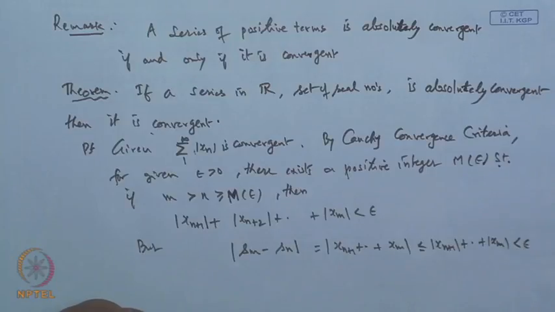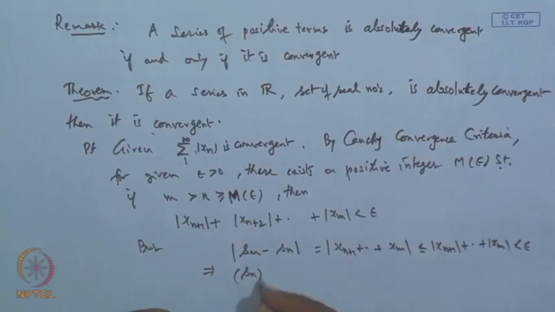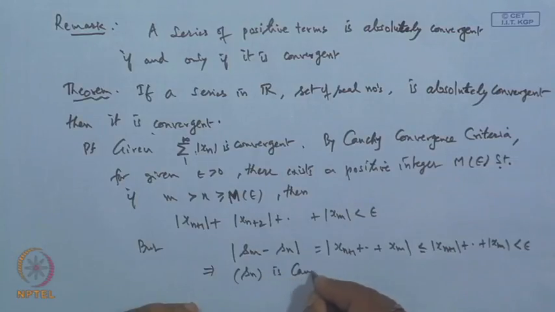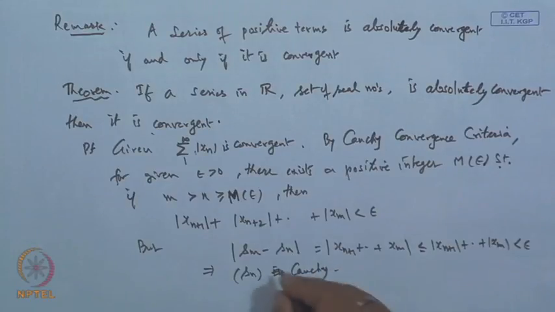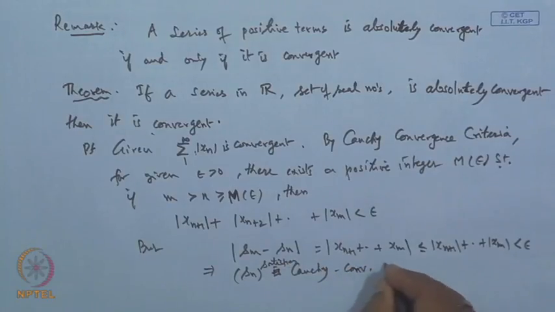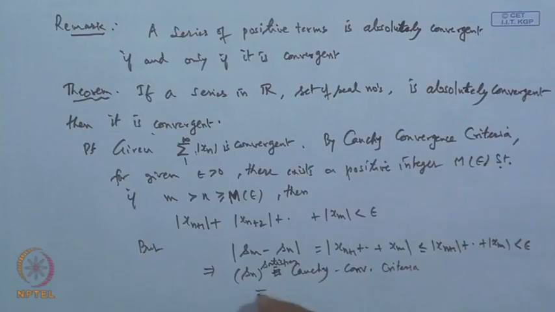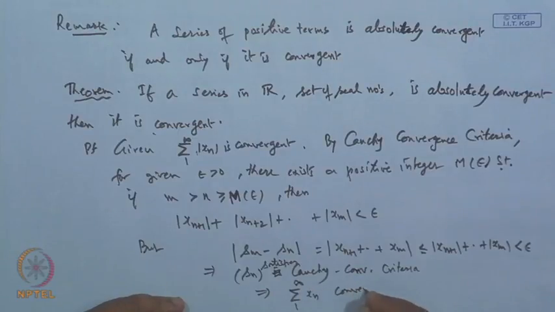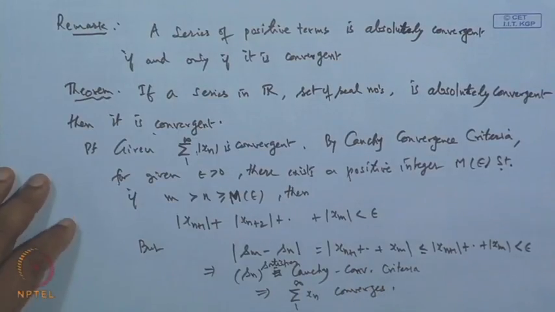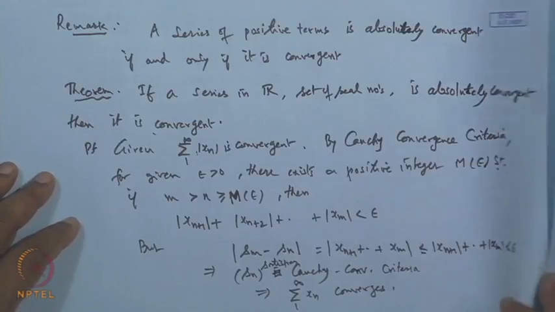So this shows the sequence Sn satisfies the Cauchy convergence criterion, it is Cauchy, hence it is convergent. Therefore, the limit of Sn exists, and the series sigma x n, n from 1 to infinity, converges. Because epsilon is arbitrary, we can say this is convergent.